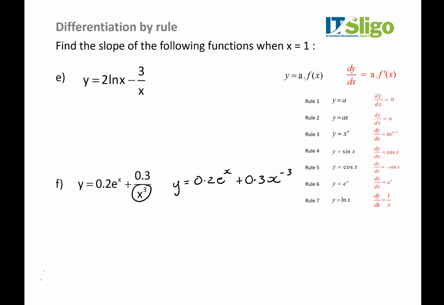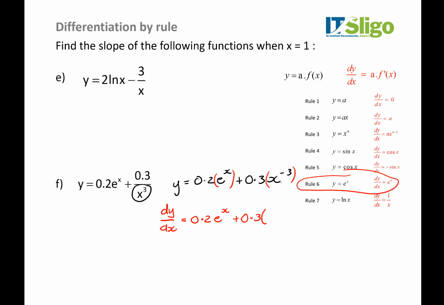Now we can differentiate, dy/dx. The constant stays, the 0.2 stays. When we differentiate e to the power of x, the derivative is itself. Here, the constant stays, 0.3.